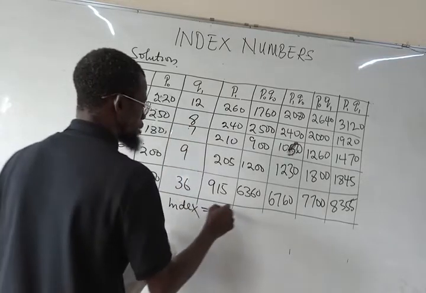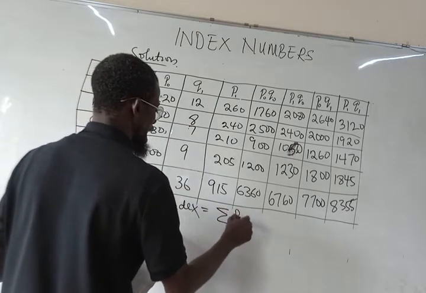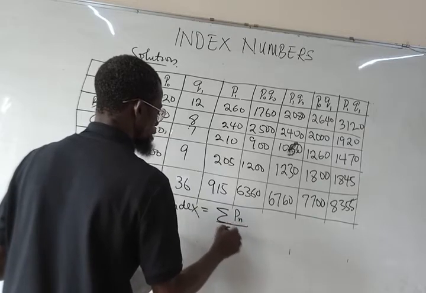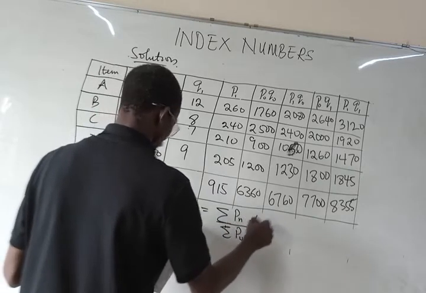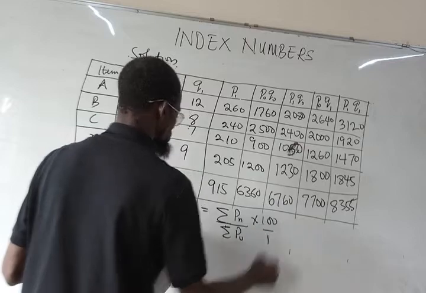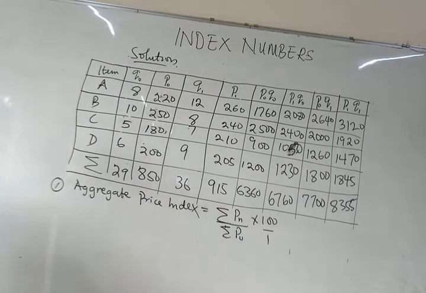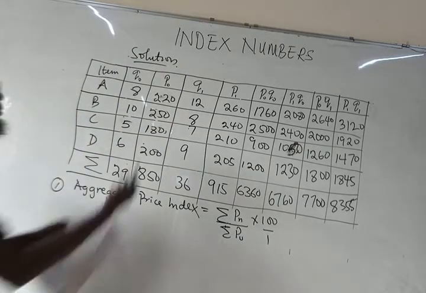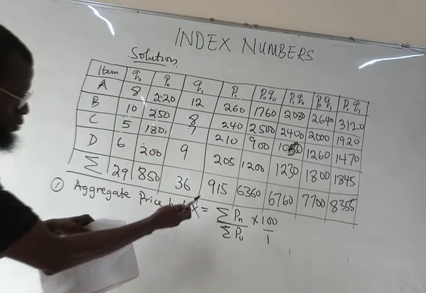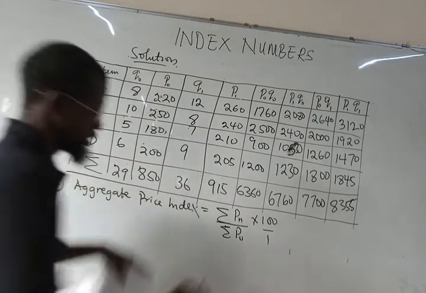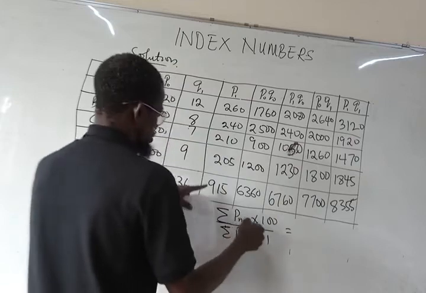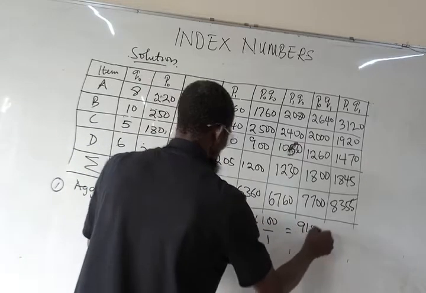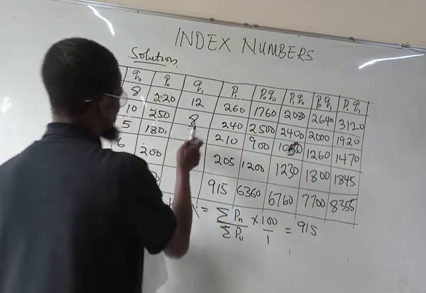And you know, I gave you a formula. I said summation Pn over summation P naught times 100 over 1. You see, for that aggregate, I have P1. You see, very easy for me. What is the summation? The addition. So which means summation is 915 over P naught. What is my P naught here?